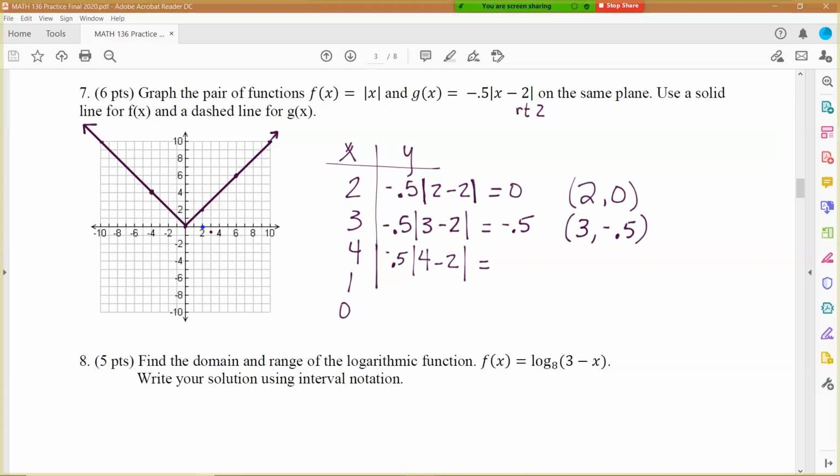The absolute value of 2 is 2. 2 times -1/2 is -1. Then we're going to plug in 1.